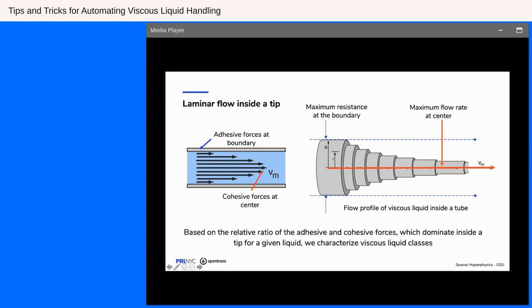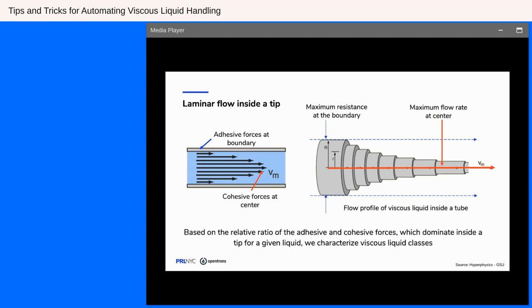These forces cause the liquid on the boundary region to flow slowly. These frictional forces are known as adhesive forces in this particular use case. The liquid in the center starts flowing at a faster pace. The forces which bind the liquid to move together are known as cohesive forces.